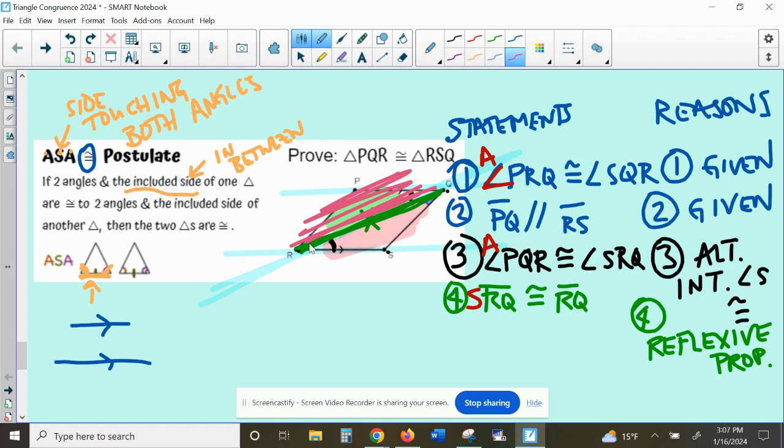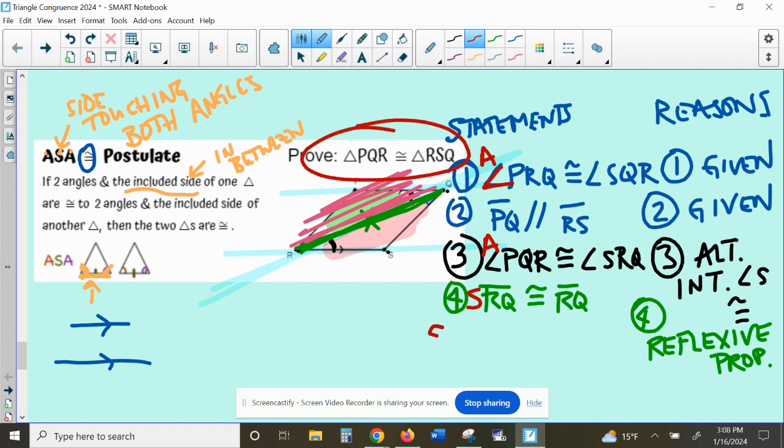So my question is this side touching this black angle? Yes. Is this side touching this blue angle? Yes. So therefore, I do have the side that's touching both of my angles that are marked. Now, once again, I don't care about this angle out here because he's not even in my list of stuff over here, right? So I can prove these two triangles congruent now.